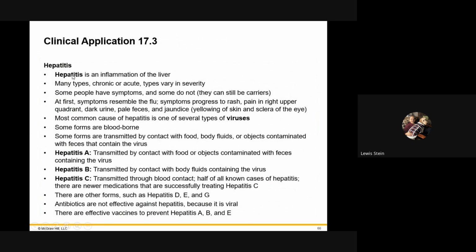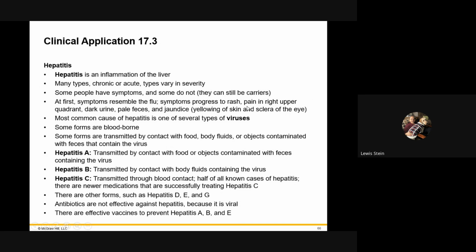So all of these things, a variety of types of hepatitis, varying in severity. Some are asymptomatic. They're asymptomatic carriers. Unfortunately, if you're in my microsection, we've talked about this. Unfortunately, there are people who carry the problem, but they don't have the problem. Okay? And they progress to all of these things: upper right quadrant pain, dark urine, changes in the way the feces look, jaundice, all of those types of things.